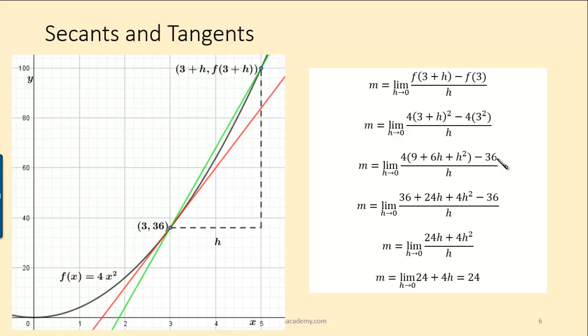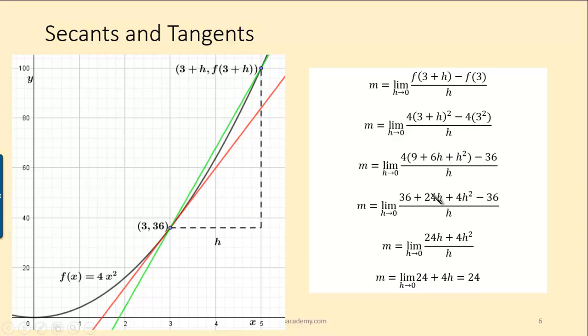This is 36. We expand again, and we get this expression, and now we see that 36 minus 36 gives us 0, leaving us with 24h plus 4h squared. We divide out by h, and we get the limit as h approaches 0 of 24 plus 4h, which of course is going to be 24. So the gradient of this tangent line is 24.